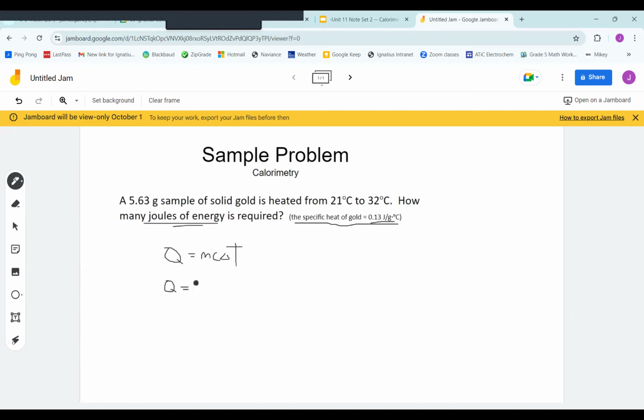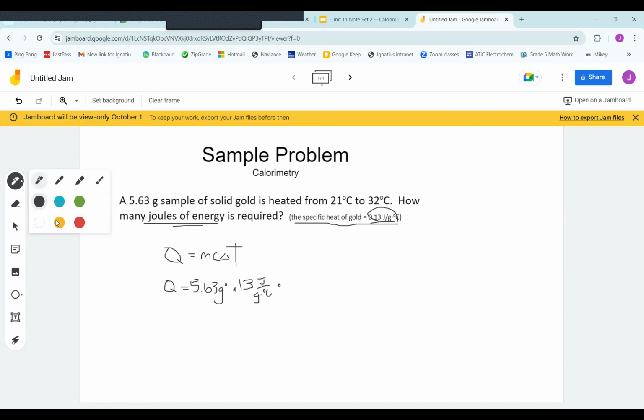They give us the mass, 5.63. So where it says M, I'm going to write 5.63. The specific heat capacity is what stands for C. I'm going to write 0.13, and the goofy units, joules per grams times degrees Celsius. And the temperature change.